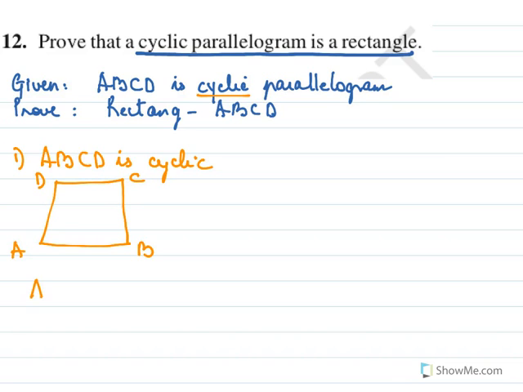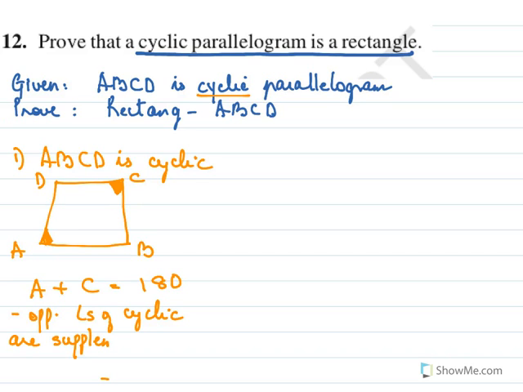I can say A plus C equal to 180. A plus C equal to 180. Say it is X and X. Not X and X, I don't know, they're equal. A plus C is 180 because opposite angles of cyclic quadrilateral are supplementary.